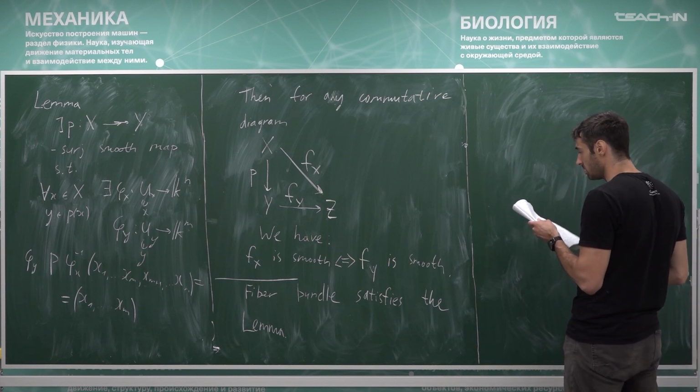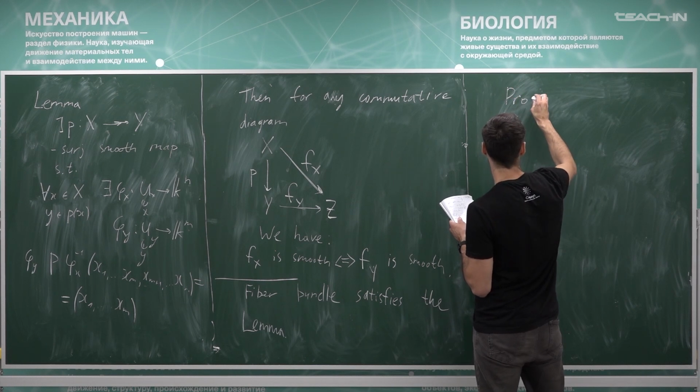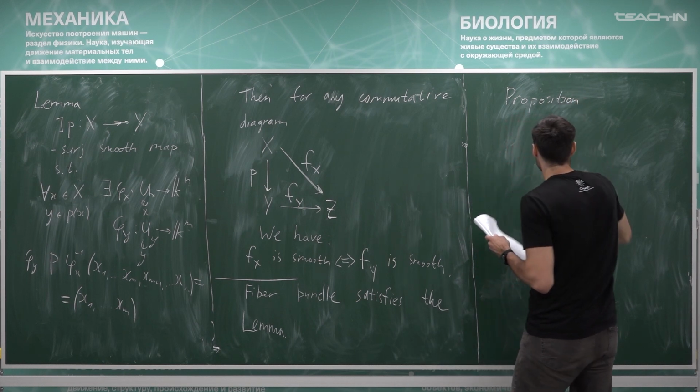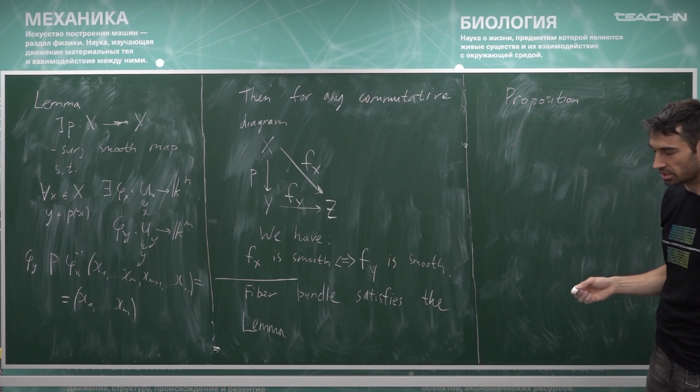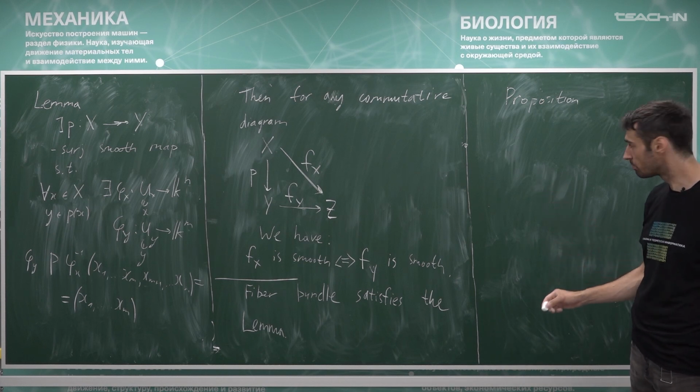For example, we can prove now the following proposition. What we started with: we wanted the action of G on G quotient by H to be smooth.